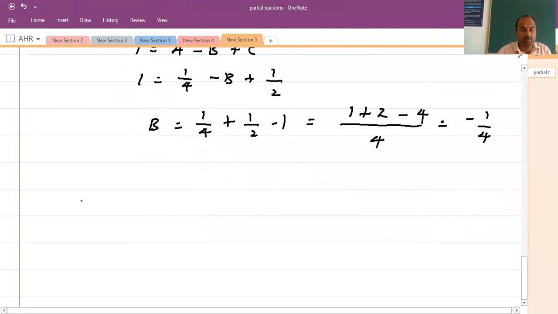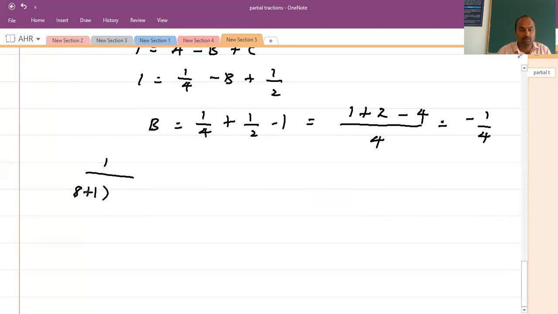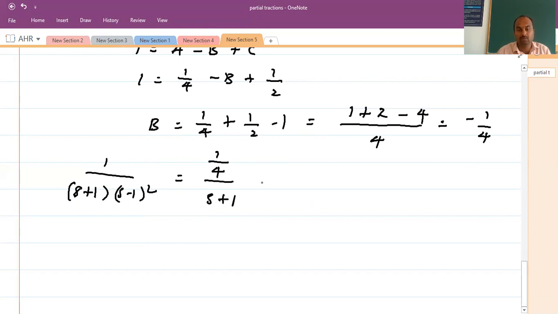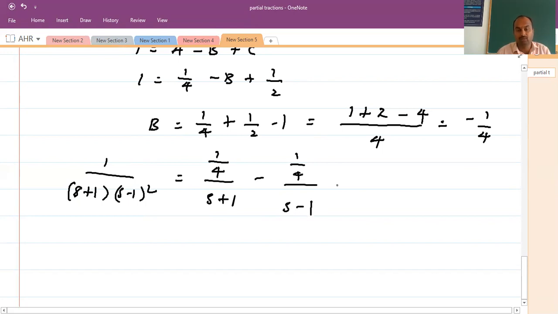So therefore, what is the inverse? 1 by s plus 1 into s minus 1 whole square will be a, which is 1 by 4 by s plus 1, b, minus 1 by 4 by s minus 1, plus c, 1 by 2 by s minus 1 whole square.